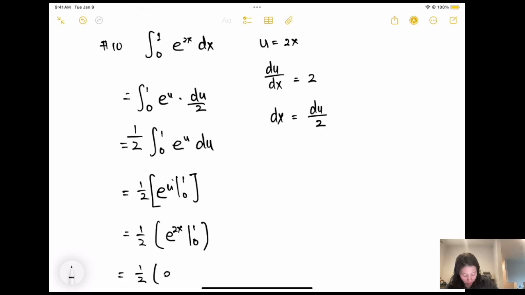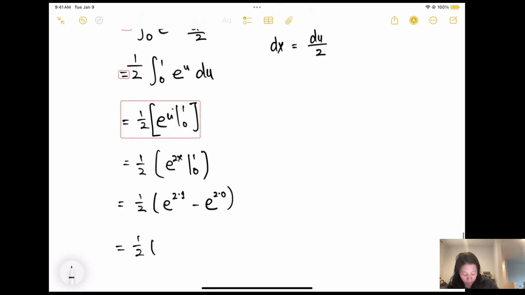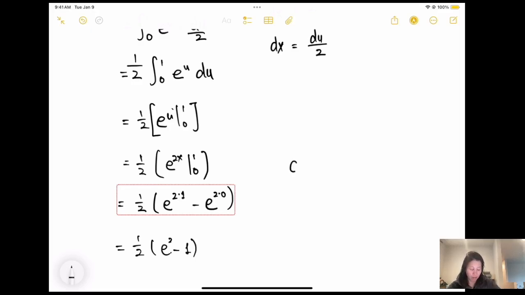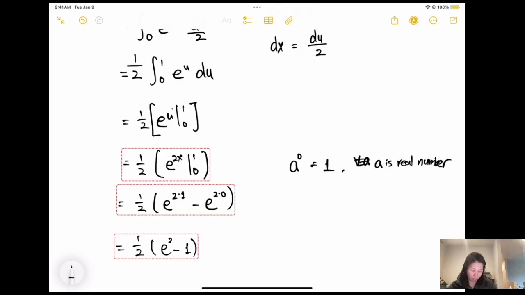So we get 1/2 times (e to the 2 times 1, minus e to the 2 times 0). 2 times 1 is 2, so e squared, and e to the 0 power is equal to 1, because anything with an exponent of 0 is going to equal 1 for all real numbers. So you can just leave the answer like that, or simplify it by distributing the 1/2 into the parentheses. Either way.